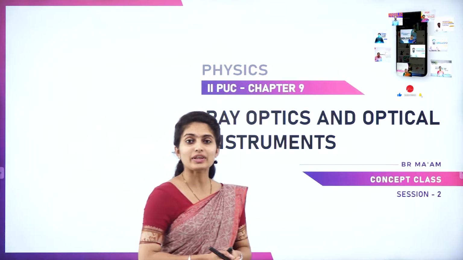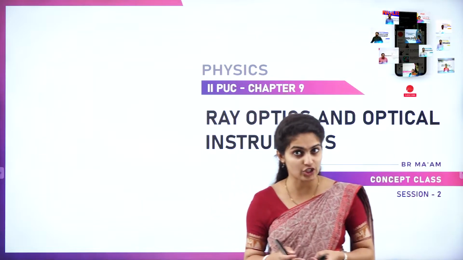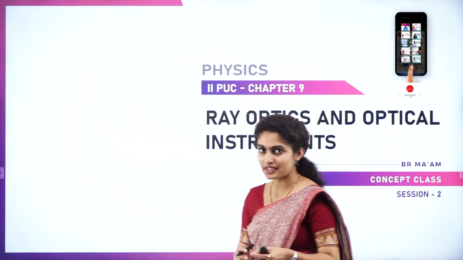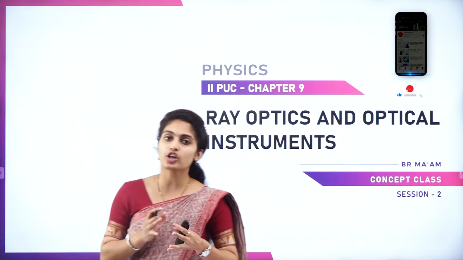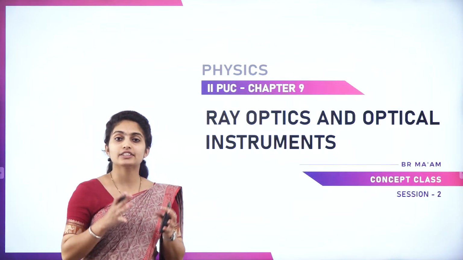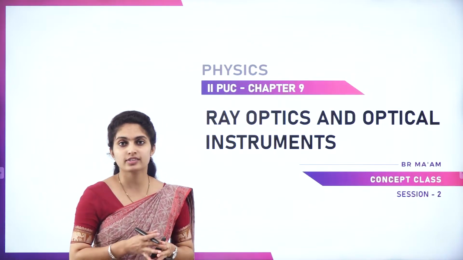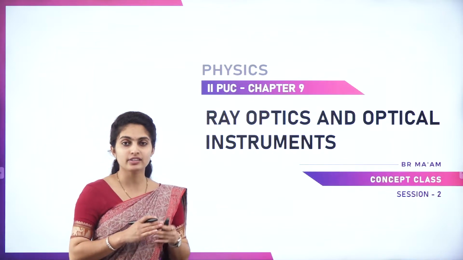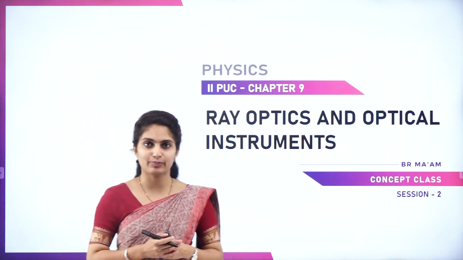In the last class, we studied about reflection, about light as an introductory concept, laws of reflection, and the spherical mirrors. We have concave mirrors as well as convex mirrors.